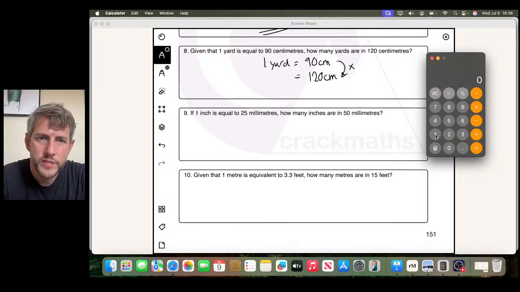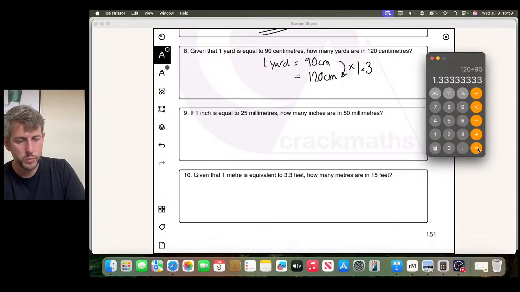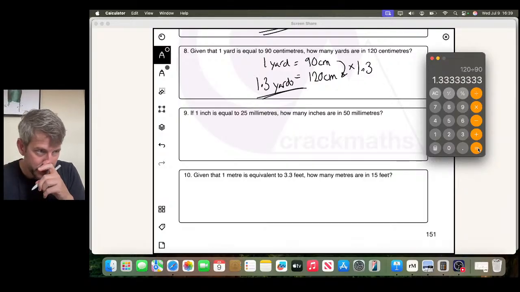So simply what we do is we do 120 divided by 90. And that gives us 1.3 recurring. So we'll just call it 1.3 because that's how it would round to 1 decimal place. And so that's 1.3 yards.